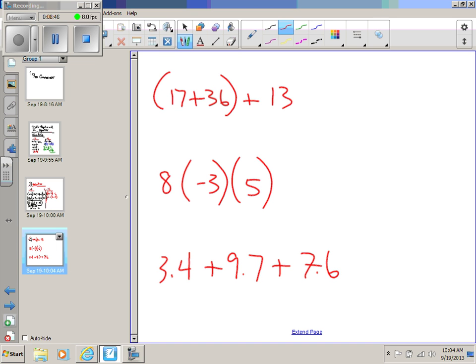That's a 7. Okay, give those a try. Try to solve those as best you can.